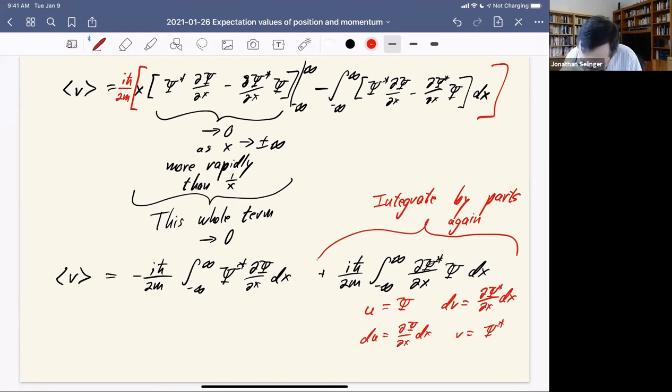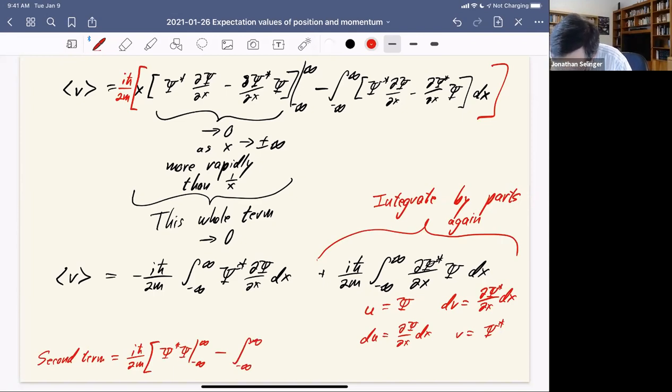Then the second term is equal to i h bar over 2m times, now we have uv, psi star psi evaluated from minus infinity to infinity, and then minus the integral of v du, which is the integral of psi star d psi dx, integrated dx.